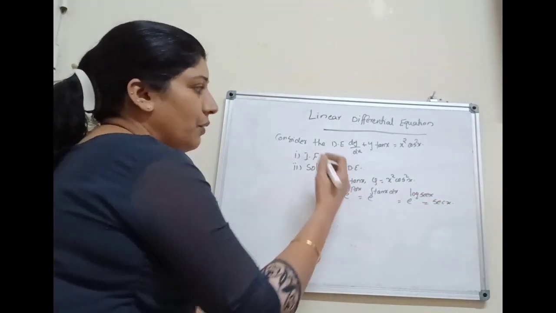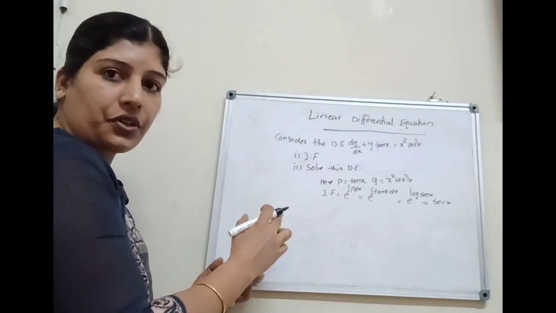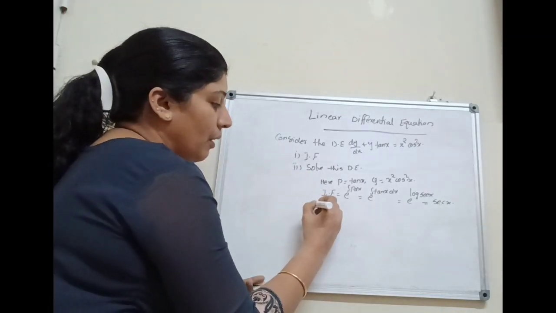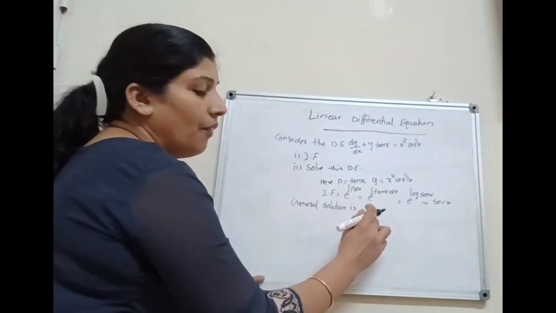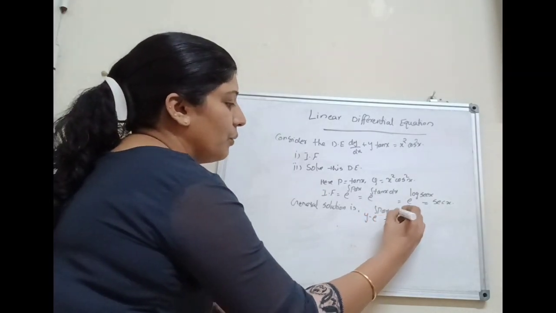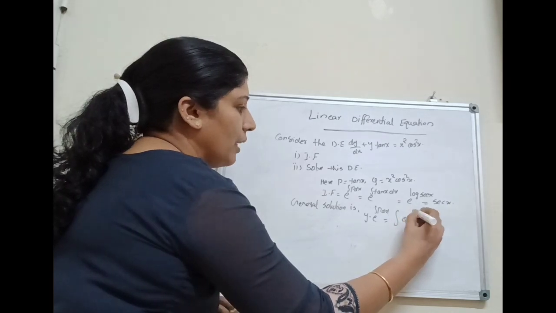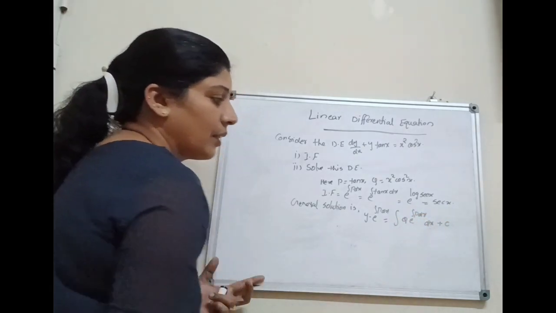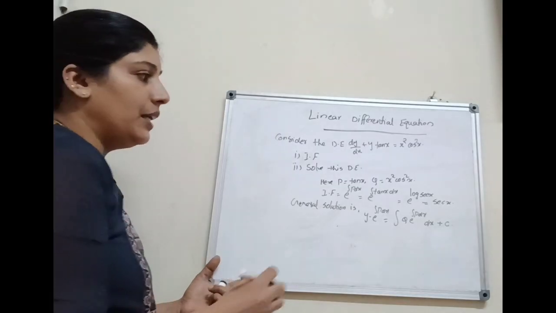Next, we have to solve this linear differential equation. Therefore, the general solution is y into e raised to integral p dx equal to integral q e raised to integral p dx plus c. Here e raised to integral p dx is sec x.